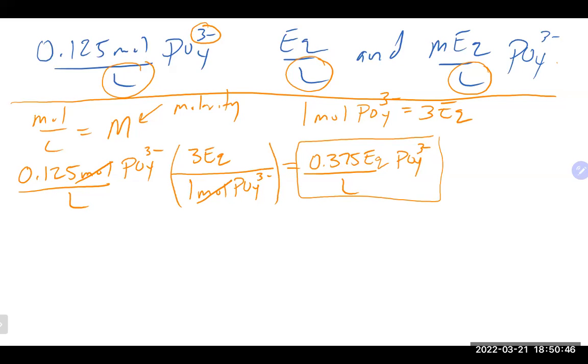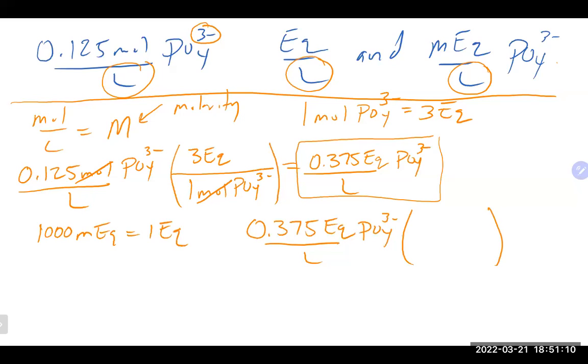At this point, we're just converting prefix units here. We're going from the base unit to milli, which again is 1,000 milliequivalents is 1 equivalent. So we'll pick up with that number of 0.375 equivalents per liter. In this case, again, we'll do opposites. So we want to get rid of equivalents.